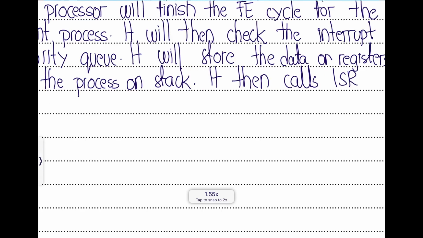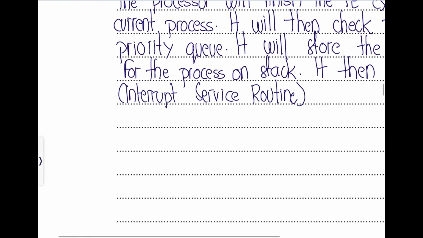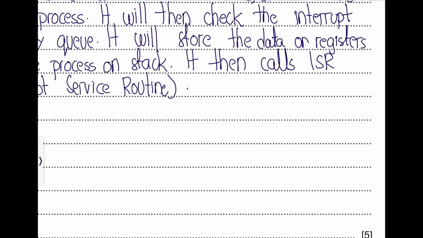Now what does ISR stand for? ISR stands for interrupt service routine. So after it has called the ISR, what does the ISR do? It resolves the interrupt. My bad, I didn't write that.